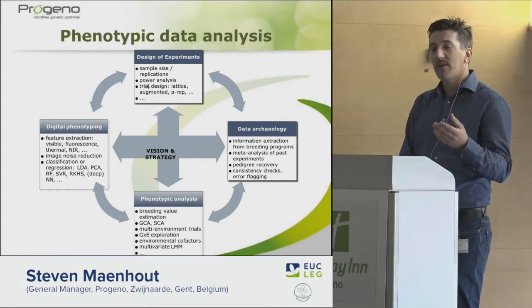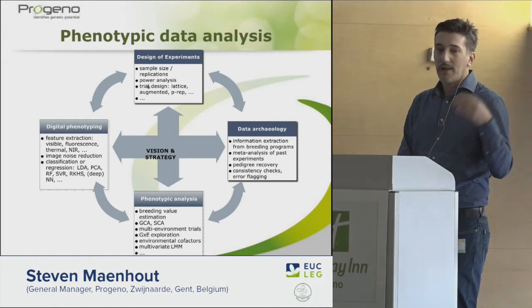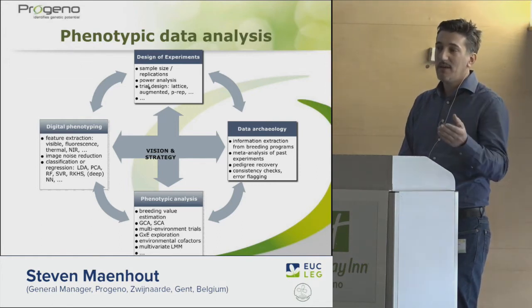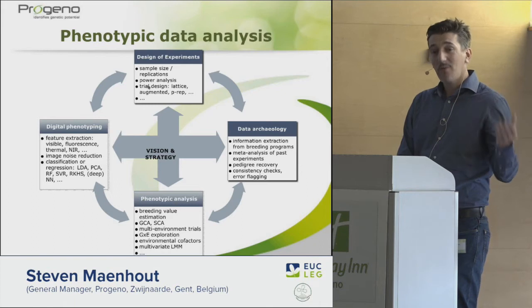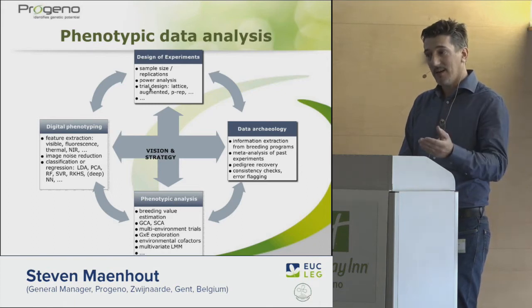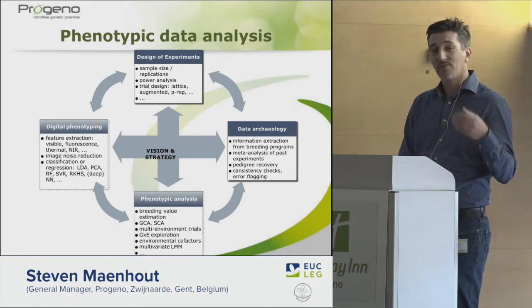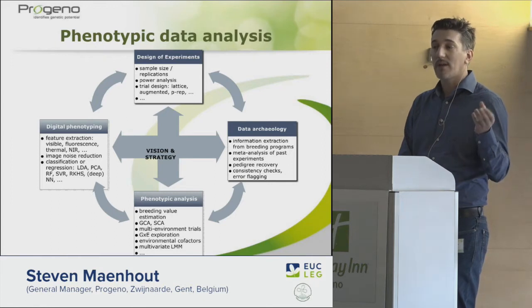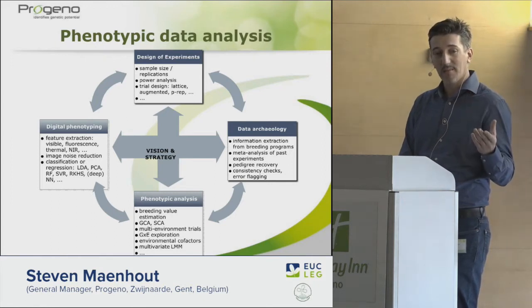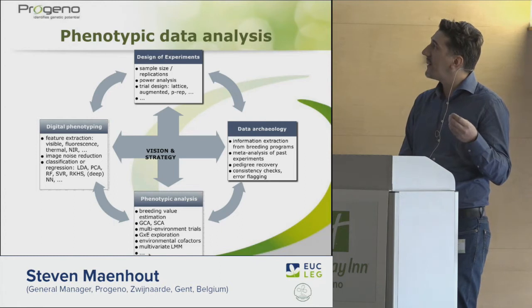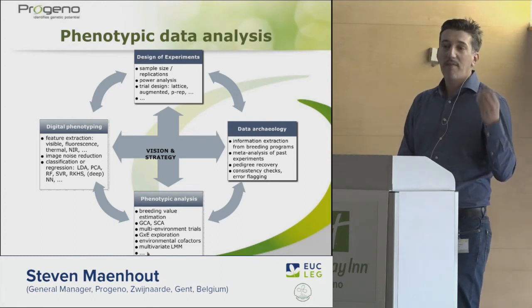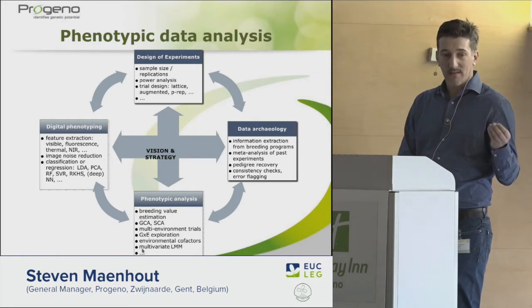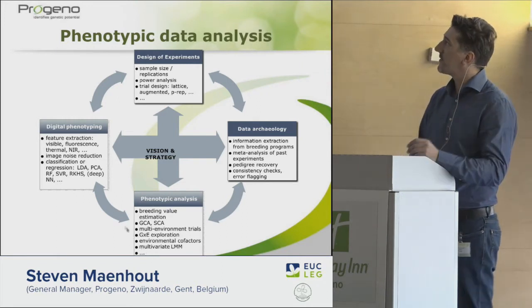Discriminating power means if I put two varieties in there and one is better, A is better than B, will I effectively notice that A is better than B? Because if they're close together and our trial is not very accurate, it will look like A and B perform exactly the same. So power analysis is basically saying how much effort I have to put in to be able to distinguish good from bad, in very relative terms, of course.